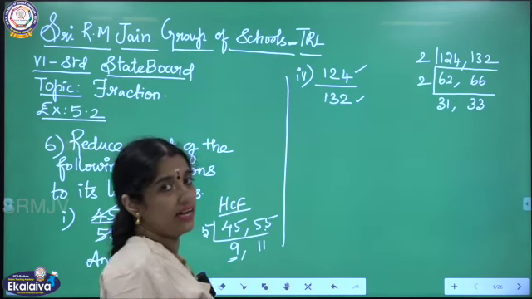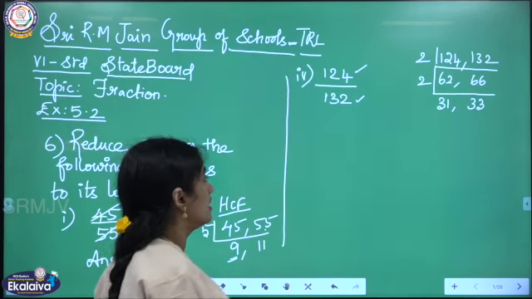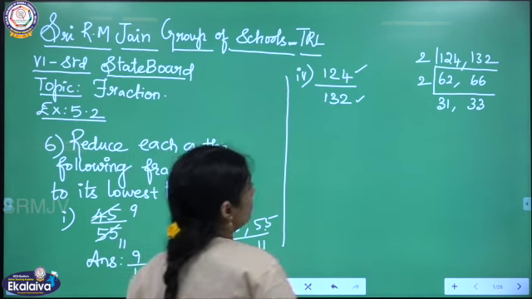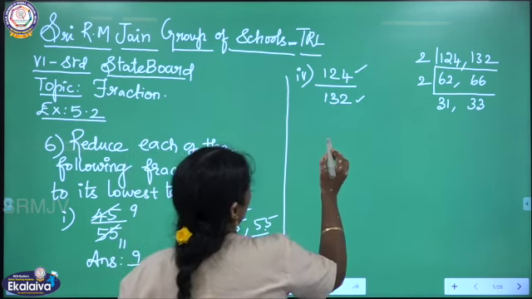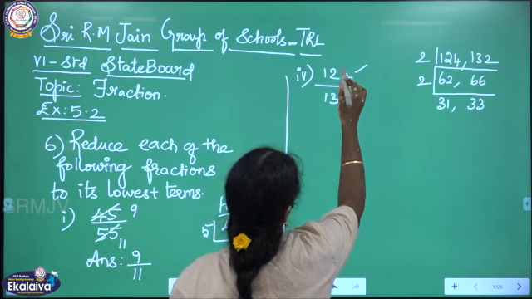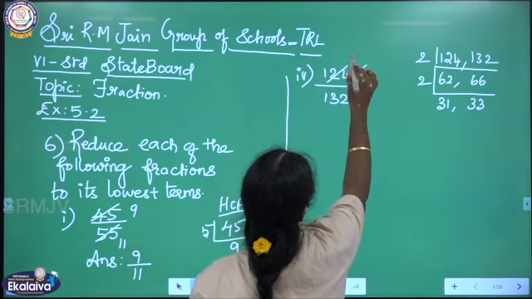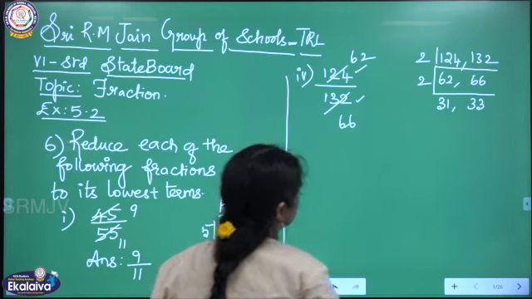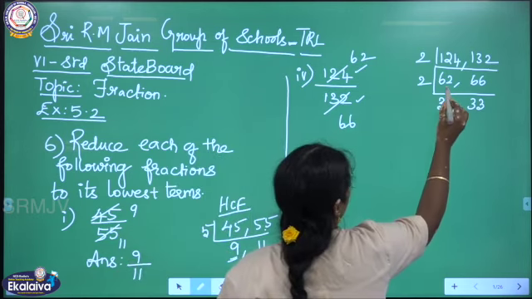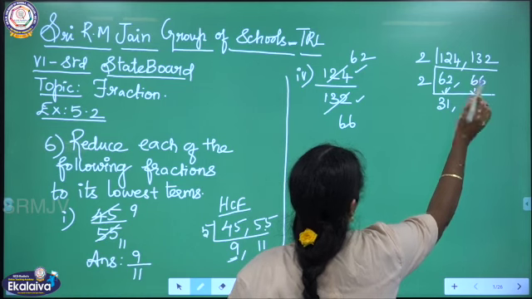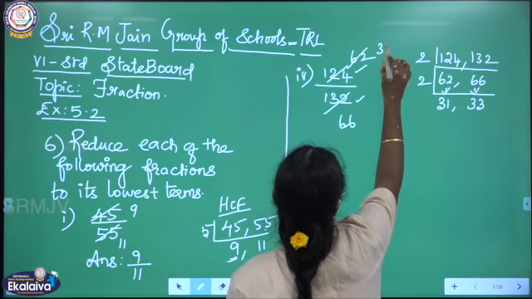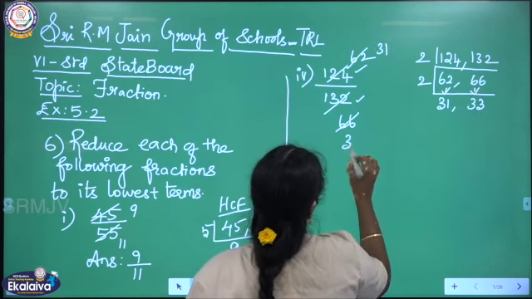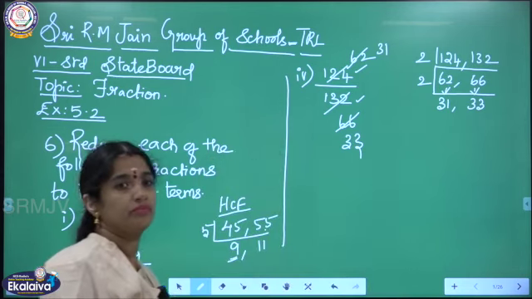Again I cannot cancel this by the same table. 31 and 33 are there, so I cannot cancel this. I have to stop here. So if I cancel 124 by the 2 table, what is my answer? 62 and 66. Got it? Again I cancel this by the 2 table, what do I get? 31 and 33.